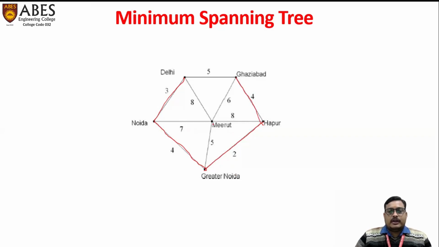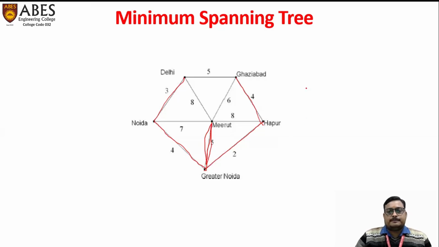Now we want to connect Meerut to these. If we connect it to any one, we can easily reach any other city. So we'll just select the minimum cost, like this 5. So now this is our spanning tree, and the cost of the tree will be the sum of the costs of each edge in this spanning tree.